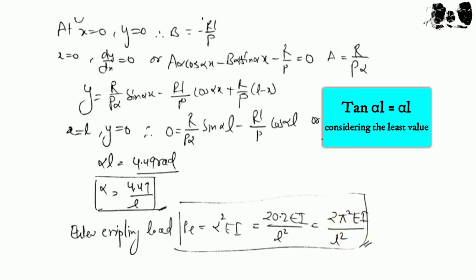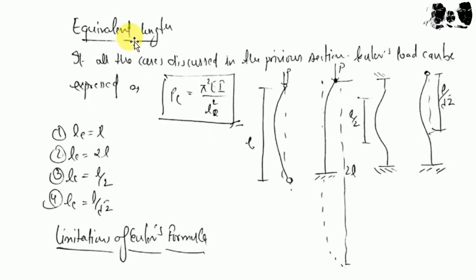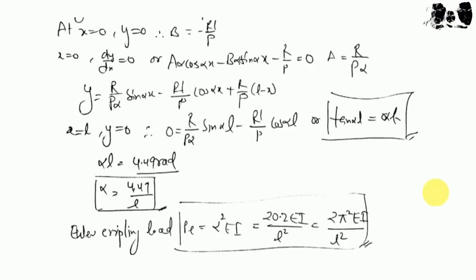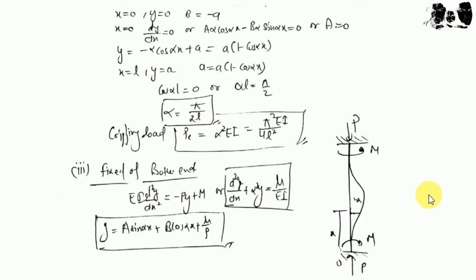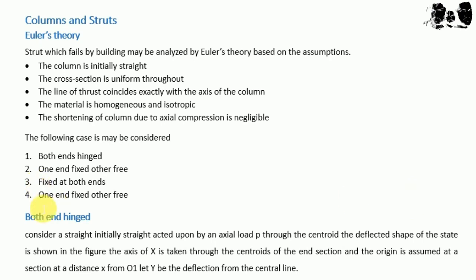Okay, then in the next part we have an equivalent. So what we did, we have 4 equations of crippling load for 4 different end conditions.